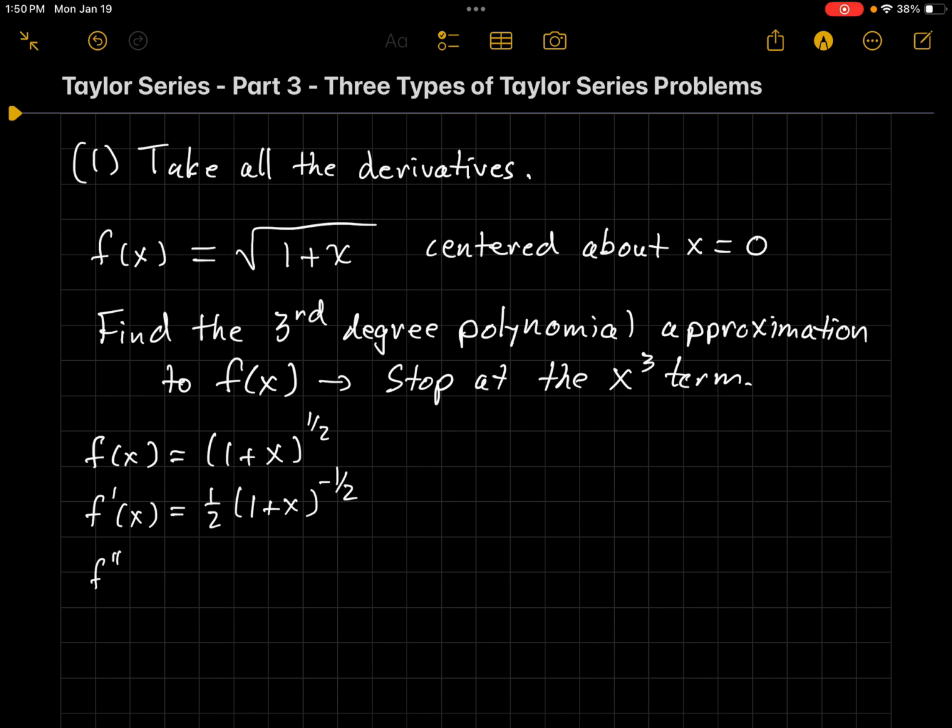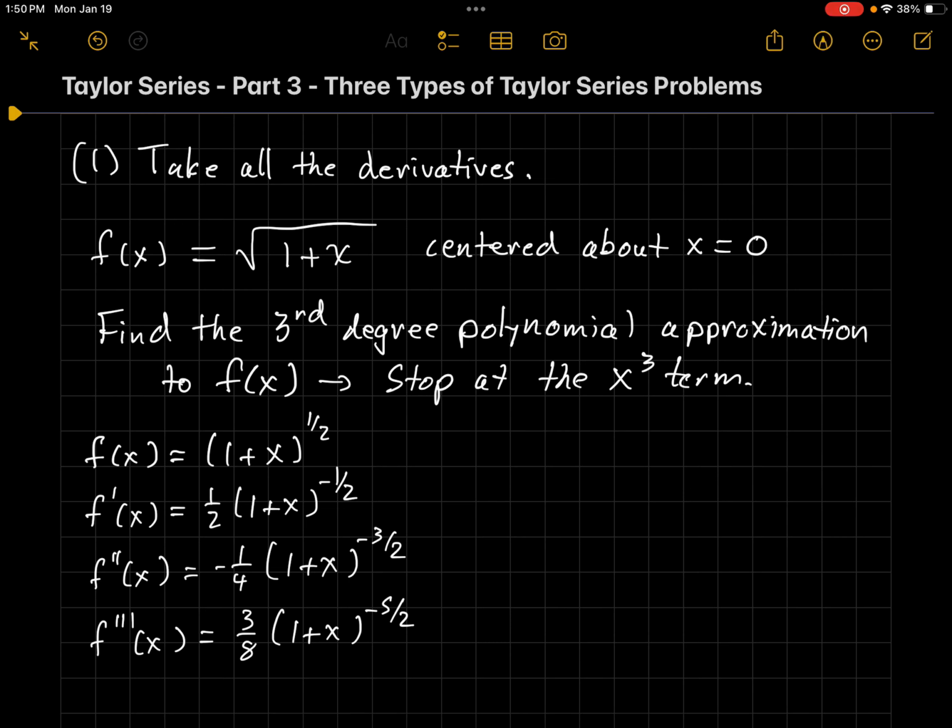We'll find f double prime of x, negative 1/4 times 1 plus x to the negative 3/2. Keep going. Find f triple prime of x, which is 3/8 times 1 plus x to the negative 5/2. And we can stop here.